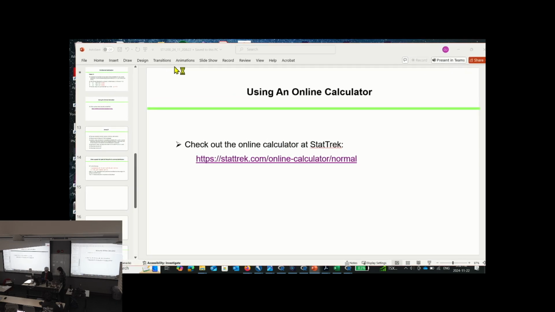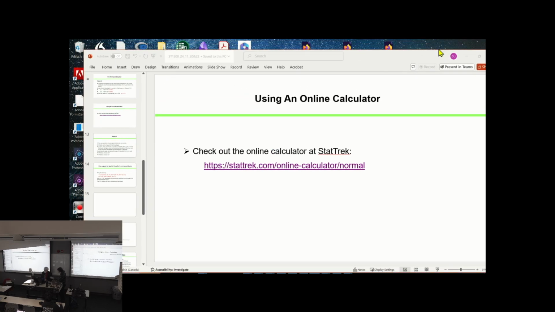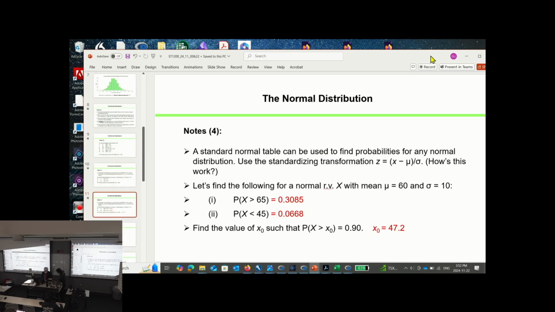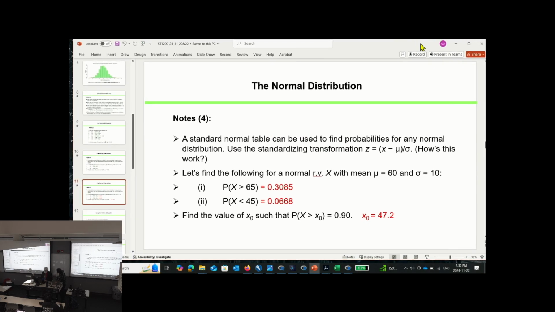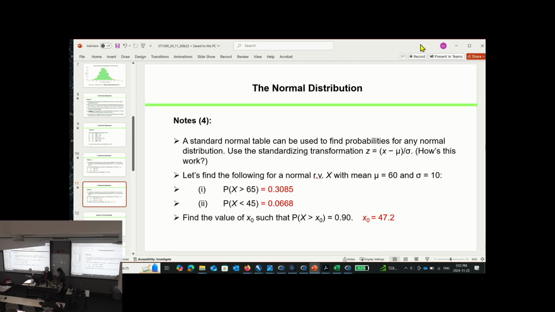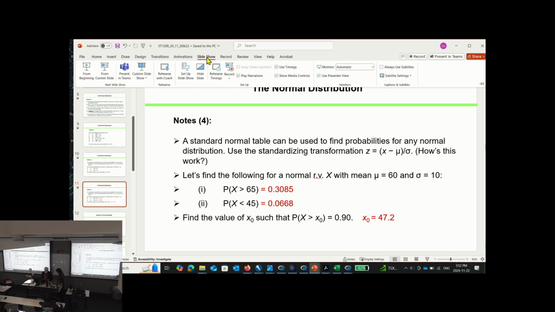Let's try this again. Right now it's duplicating what you have. Is that what you want, or do you want to extend? I think I want to duplicate. In other words, duplicate is supposed to put the same thing on there that it shows on here. Yeah, that's what you do. But it's got to behave. Start from beginning. No, we don't want to do that. From current slide.